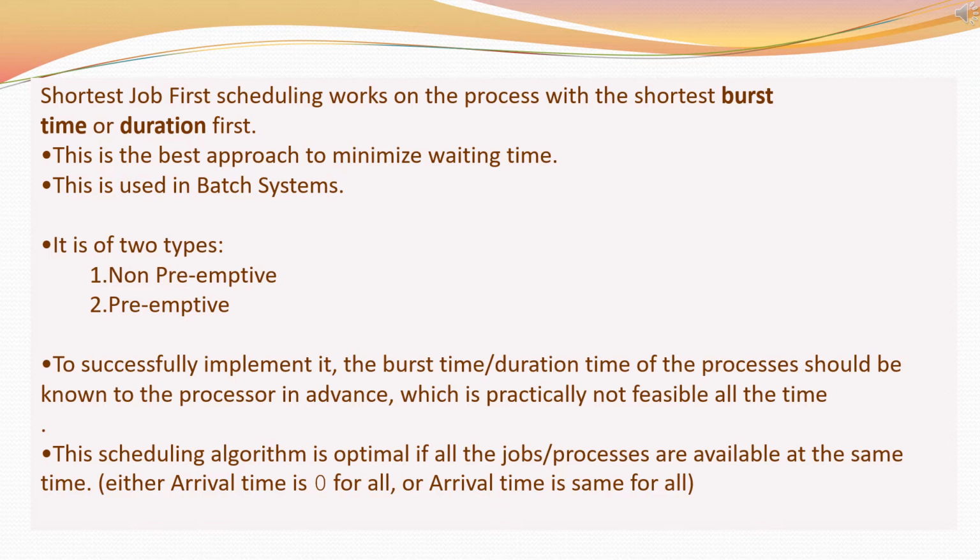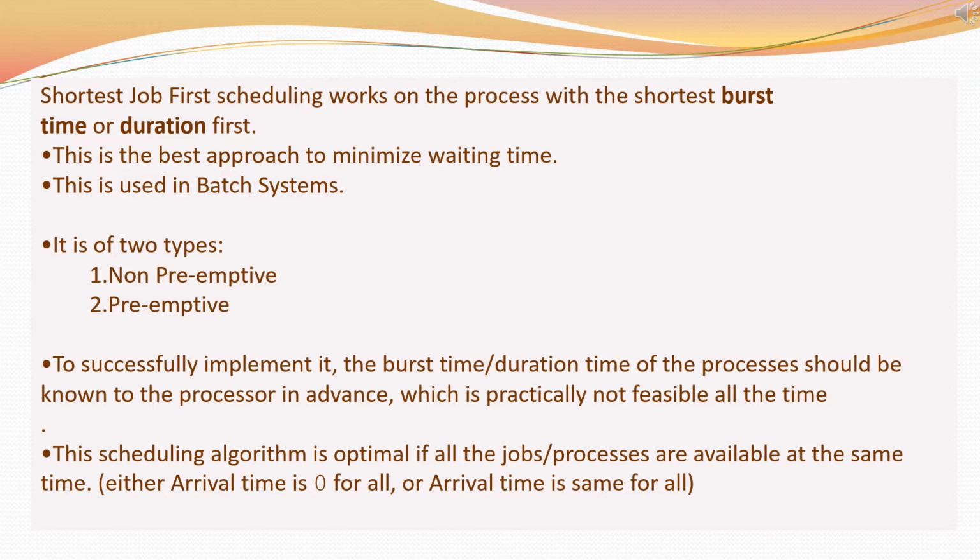Shortest job first scheduling works on the process with the shortest burst time or duration first. This is the best approach to minimize waiting time. This is used in batch systems. It is of two types, that is non-preemptive and preemptive.